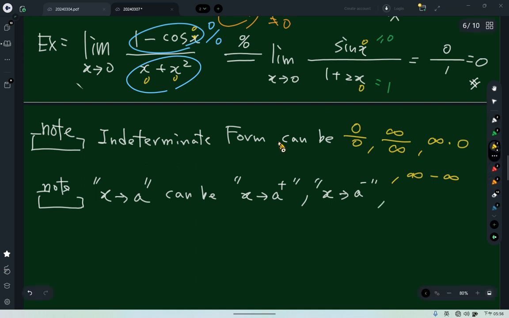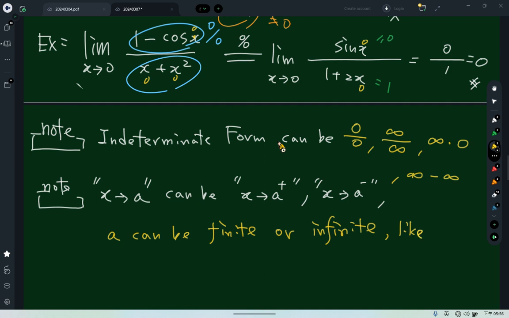And besides, a also can be finite, that means a certain number, or infinite, like positive infinity or negative infinity.